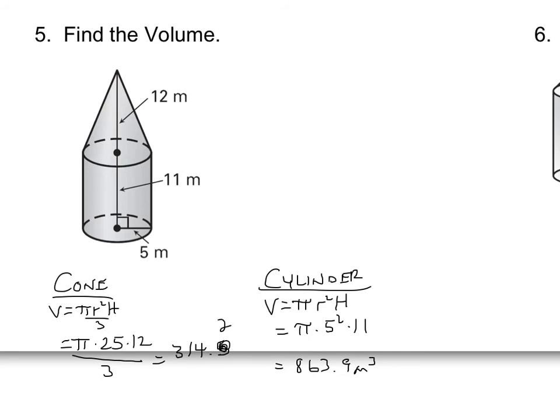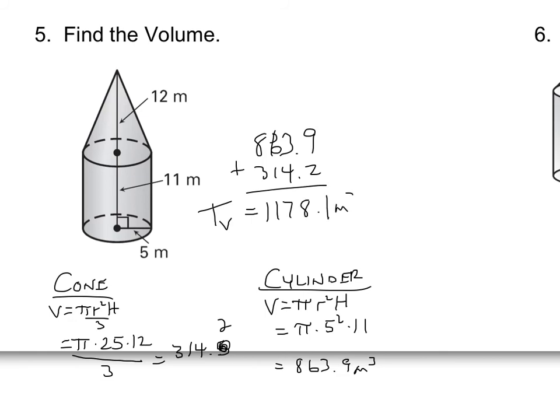Well, again, I'm going to add these two together. I'm going to take 863.9 and add that to 314.2. And when I calculate that, I end up with a total volume of 1,178.1 meters cubed. That is your total volume.